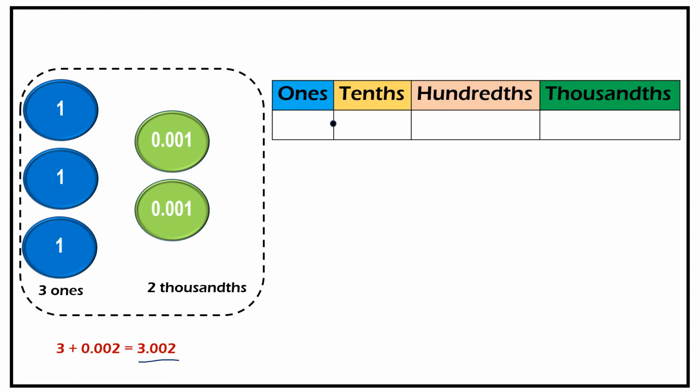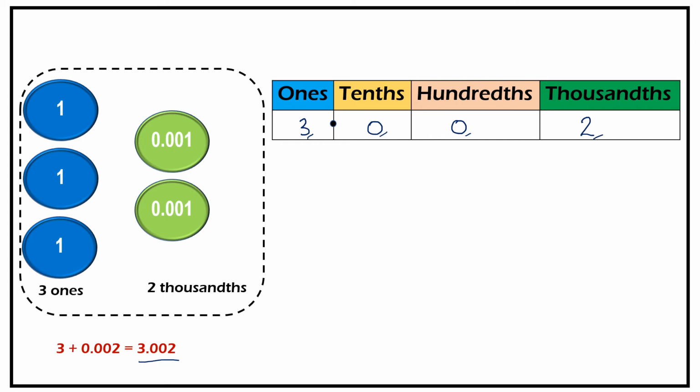Now in the place value chart we can write 3, then we write 0, 0, 2. So this means that the place value of 2 is thousandths, the place value of this 0 is hundredths, this one is tenths, and this one is ones.